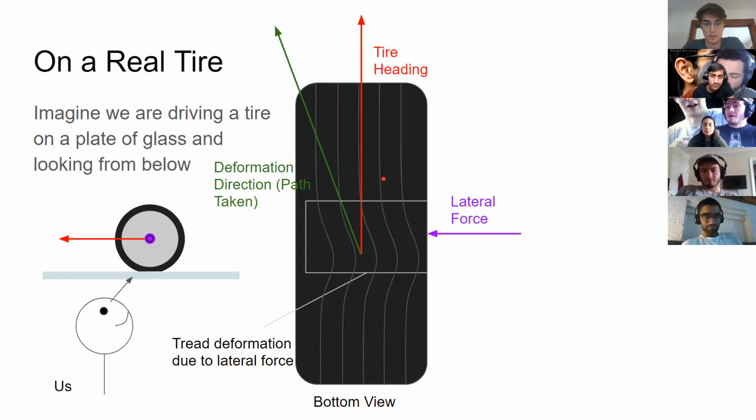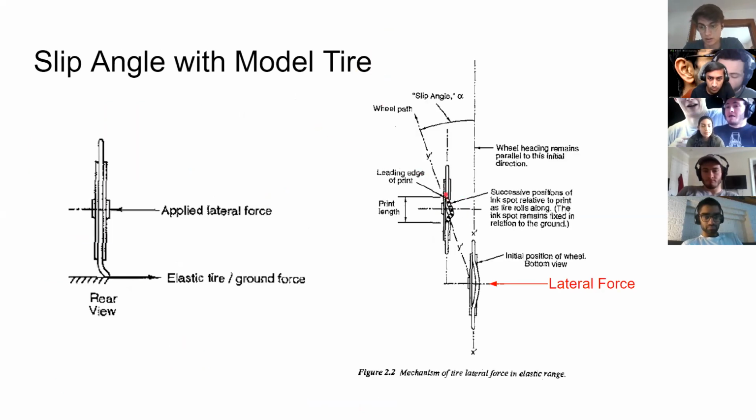And so the tire heading, which is the direction the tire is facing, is sort of forwards, if you will. But because of the deformations that are occurring in the tire, that is going to cause the tire to take a path that is along the line of those deformations. And that's exactly what this is showing here on this previous slide.